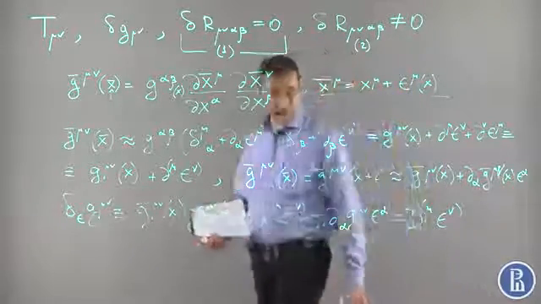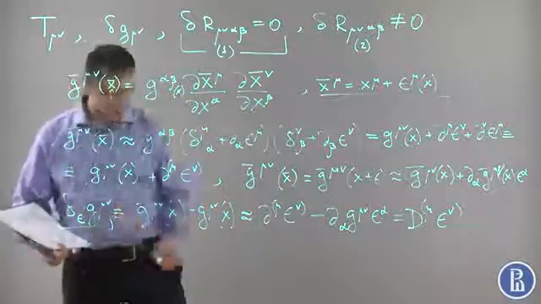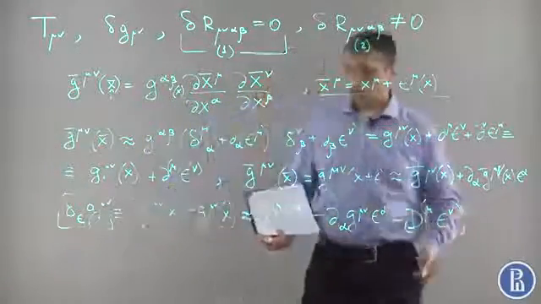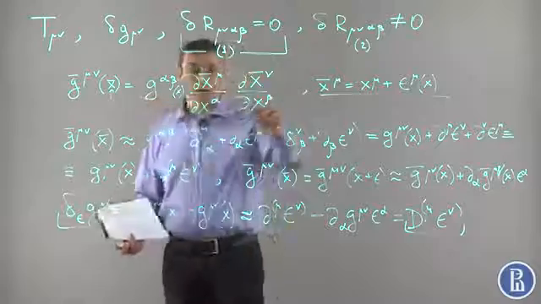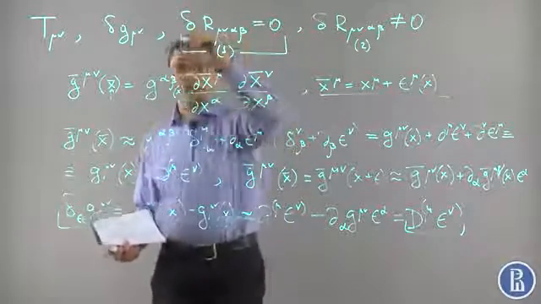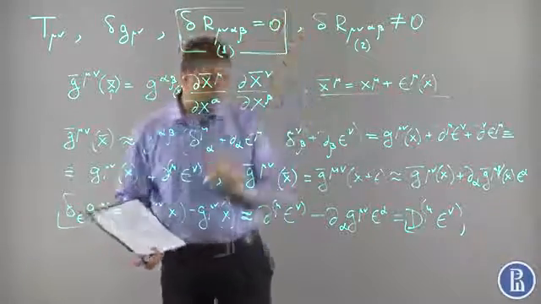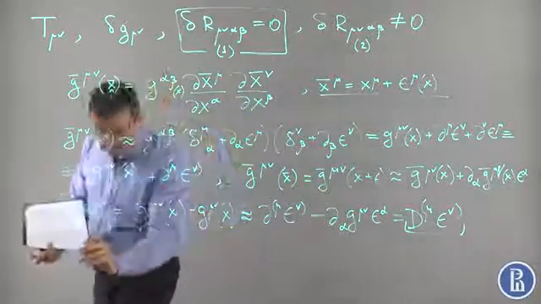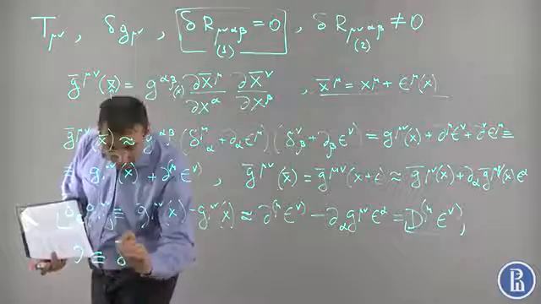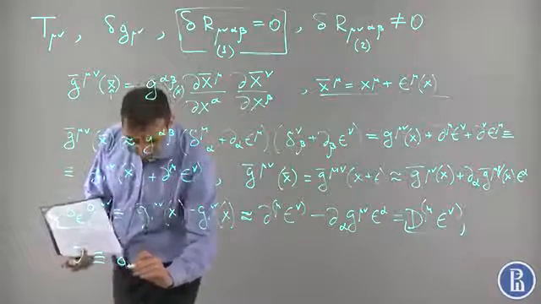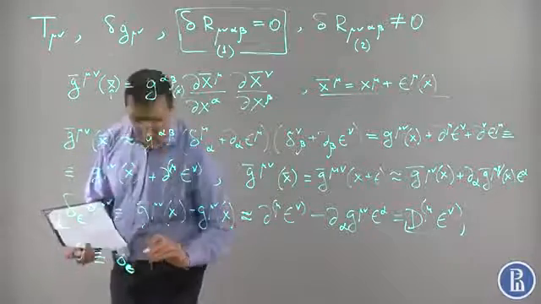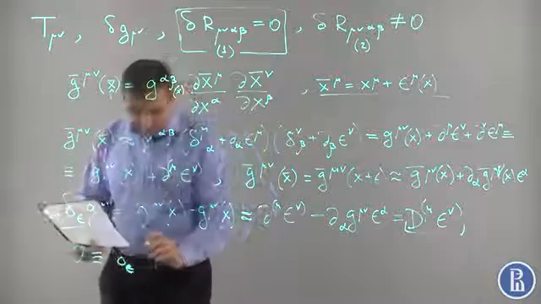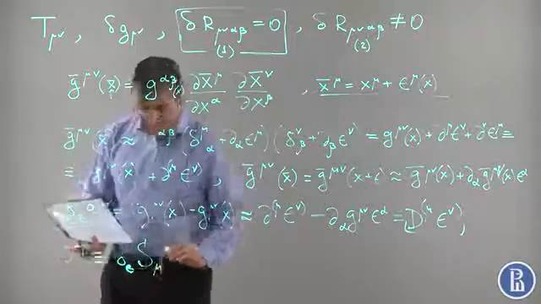So now we're going to use this variation of the metric, which is unphysical because it follows from the coordinate change. Under such a variation, the Riemann tensor doesn't change. So under such epsilon variations, the variation of the matter action is exactly equal to 0.